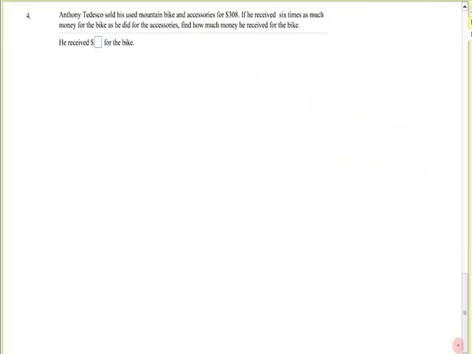All right, last one. It says Anthony Tedesco sold his used mountain bike and accessories for $308. That looks like a total. If he received 6 times as much money for the bike as he did for the accessories, find out how much he received for the bike. Okay, I see the comparison. I've highlighted it in yellow. He got 6 times as much for the bike as he did for the accessories.